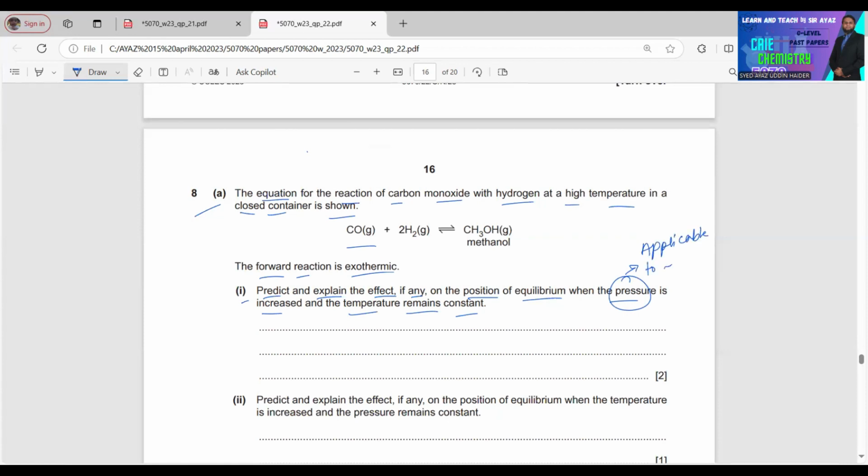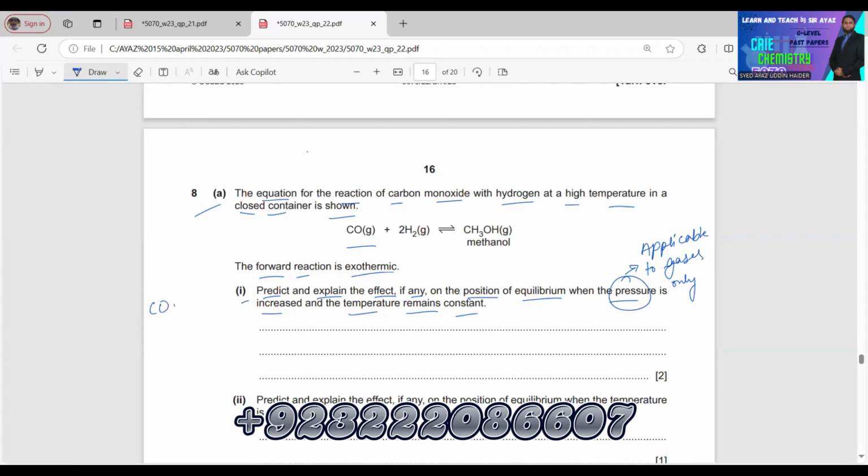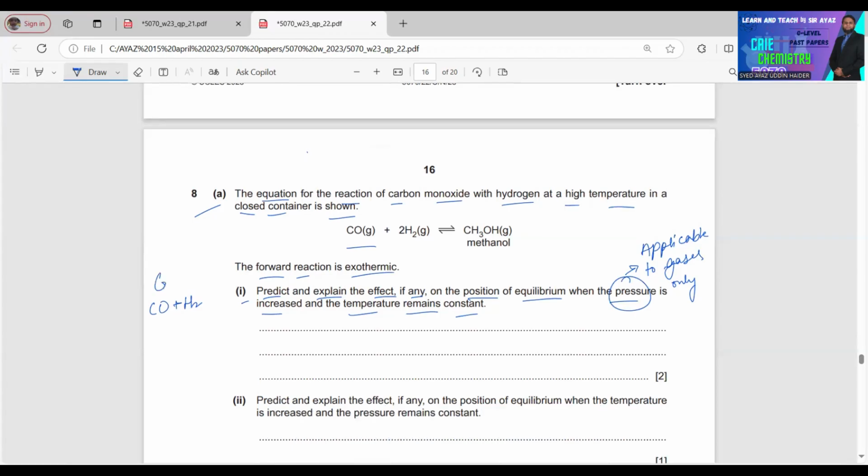In fact, we are having gases on both sides of the reaction. On the left hand side, we have CO plus 2 moles of H2, all gases. So we have 3 moles of gas on the left hand side, and on the right hand side we have 1 mole of methanol, also in the gas state.